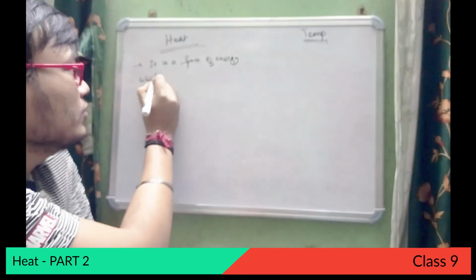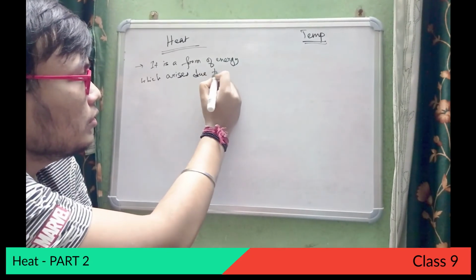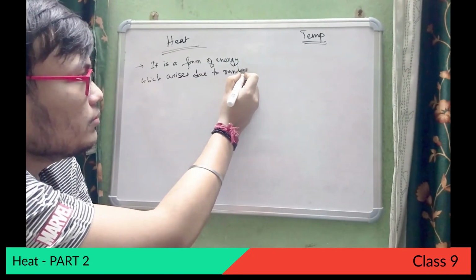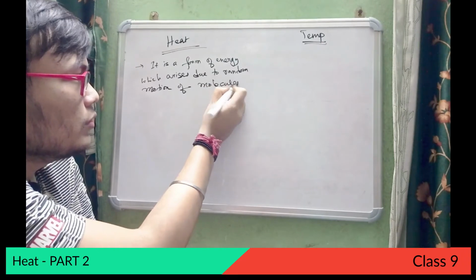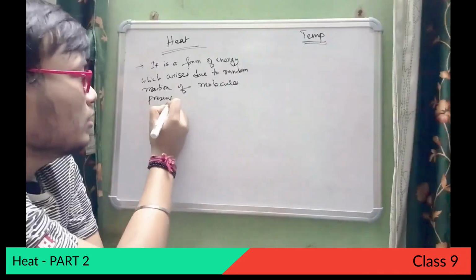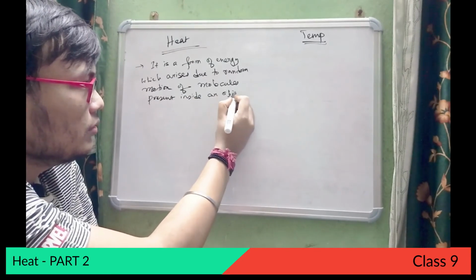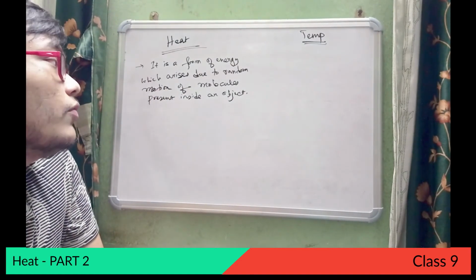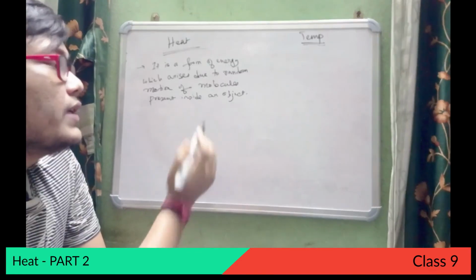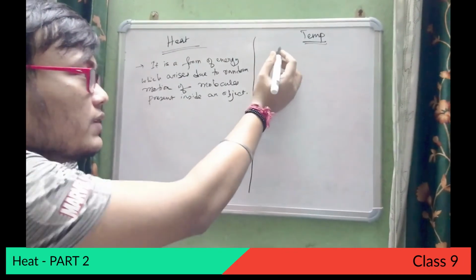Heat is a form of energy which arises due to random motion of molecules present inside an object. So now what is temperature?